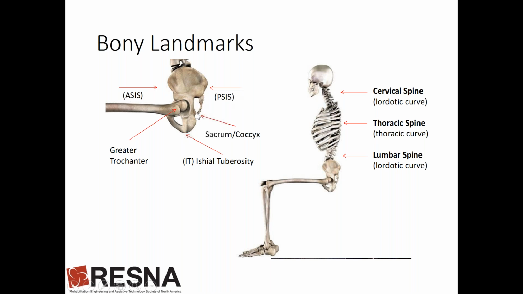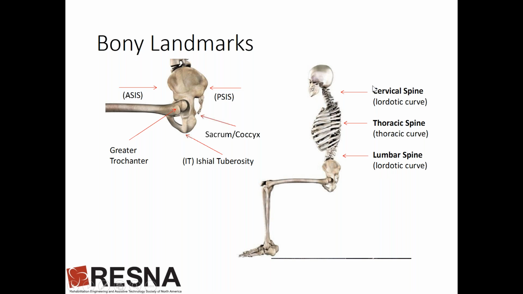And then the sacrum kind of hangs down here. When someone's sitting upright, they're really not putting a ton of pressure on their sacrum, but most of us don't sit upright. And so a lot of times we'll sacral sit. So this angle here is opened up, and so they're sitting on their tailbone, and that can also be a cause of pressure. I'm going to go through a bunch of pictures to describe when something isn't symmetrical. So then when we're looking at the trunk, you have your cervical, thoracic, and lumbar.